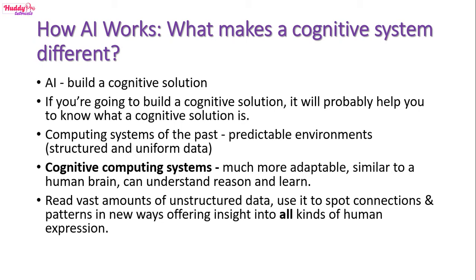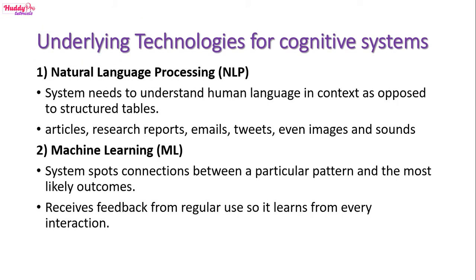So these cognitive systems are the ones that employ this knowledge of artificial intelligence. These systems can read vast amounts of unstructured data and use it to spot connections and patterns in new ways, and they offer insight into all kinds of human expression. So that's how AI works.